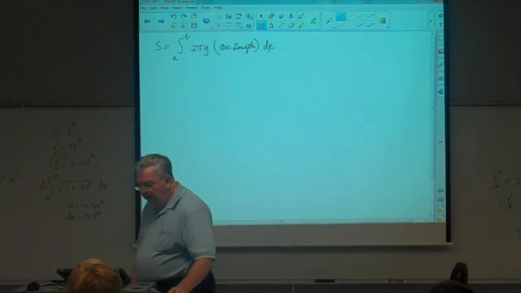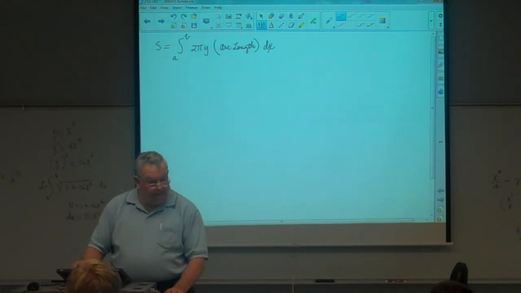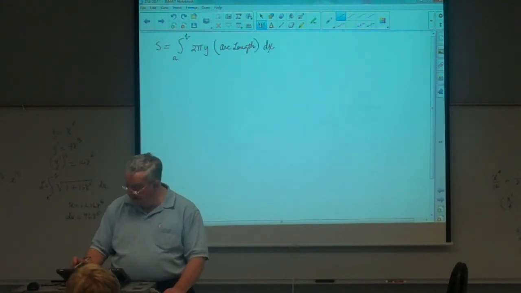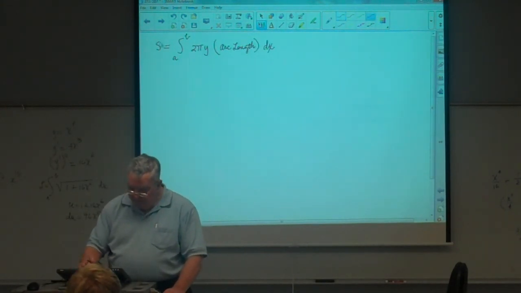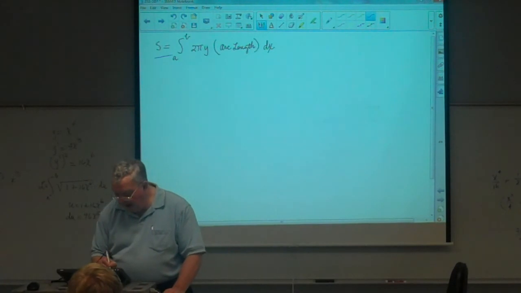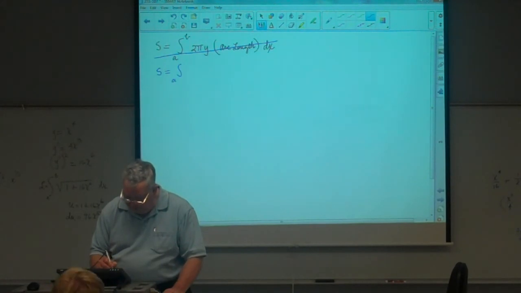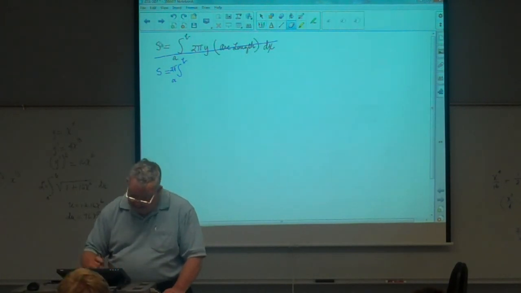But, and that's really all you need to write on your card, isn't it? Because you know what I'm talking about with arc length, huh? But in truth, the right way to write that is just write this on your card. 2 pi immediately comes out front, doesn't it?